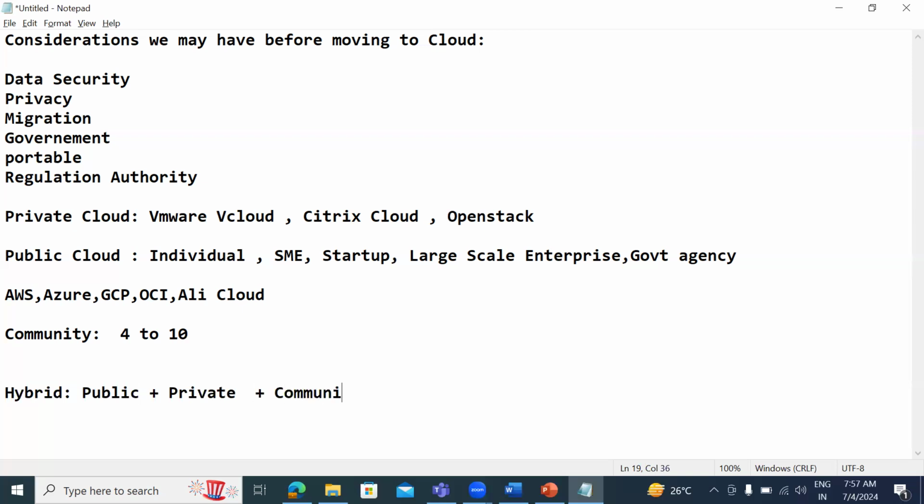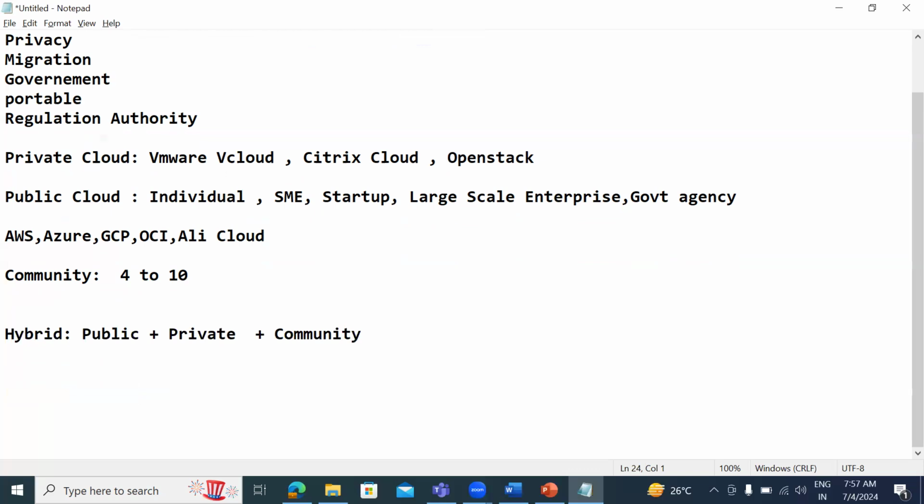That means if they use two or more combinations of the above three clouds, then that is called a hybrid cloud.